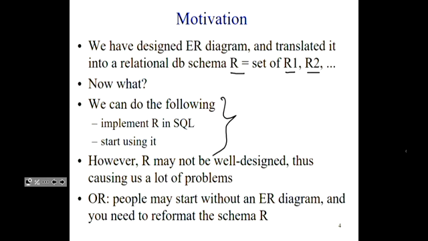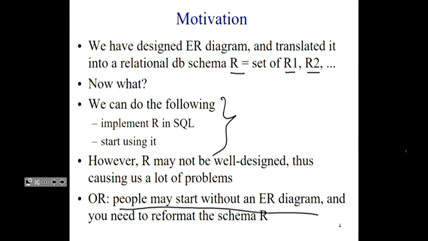Another reason why we need the topic that we're going to be talking about today is that people may start without an ER diagram. Okay, if people start without an ER diagram, they already have a relational schema. How do you improve it? How do you get to the point where it has desired properties? Okay, this is often the case.